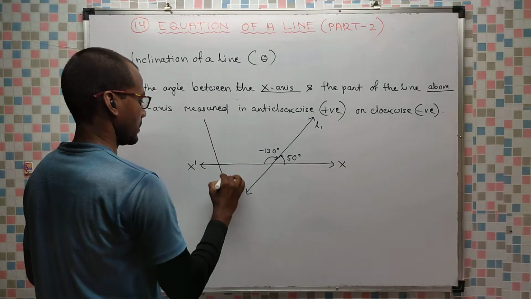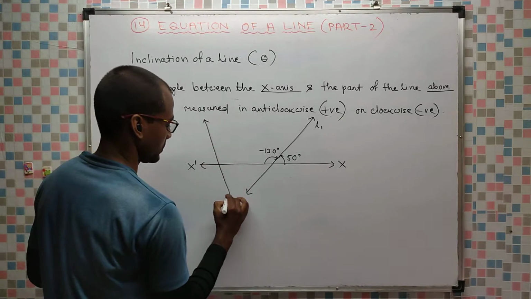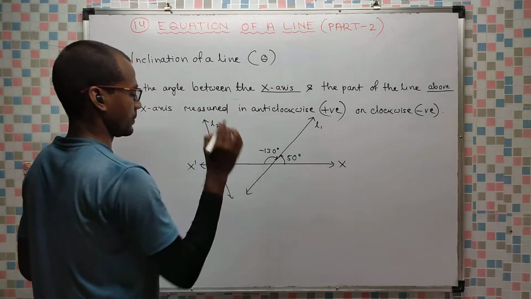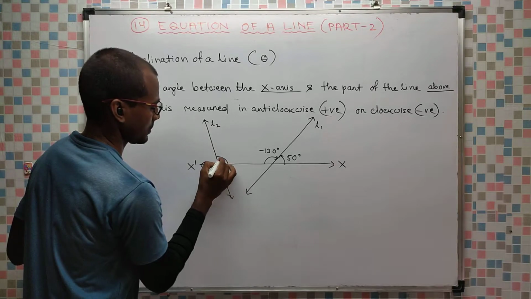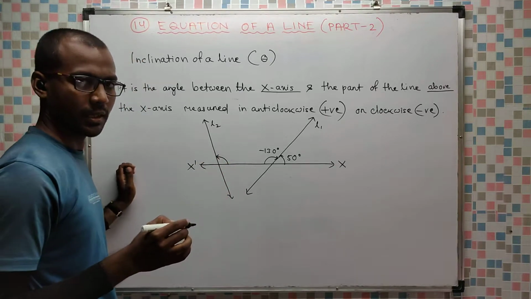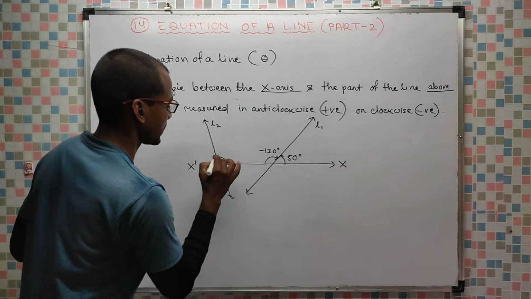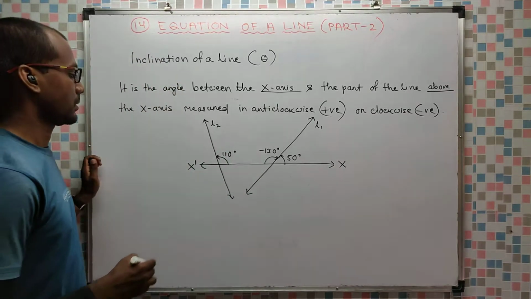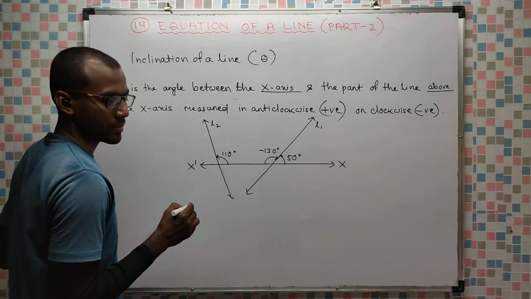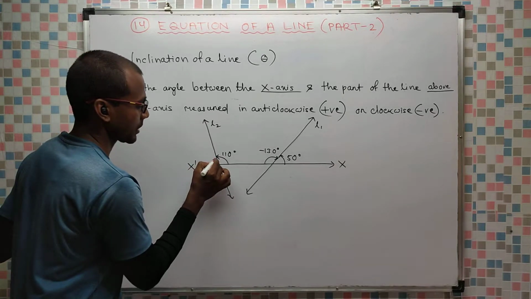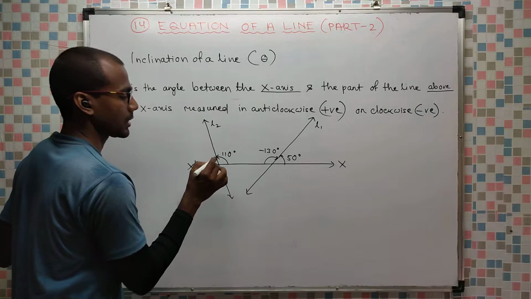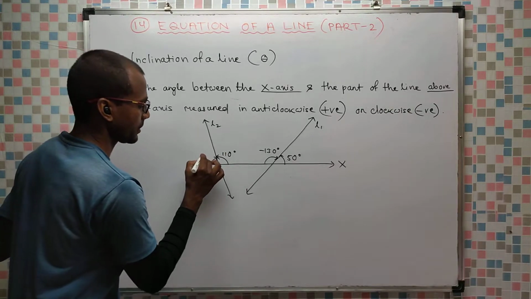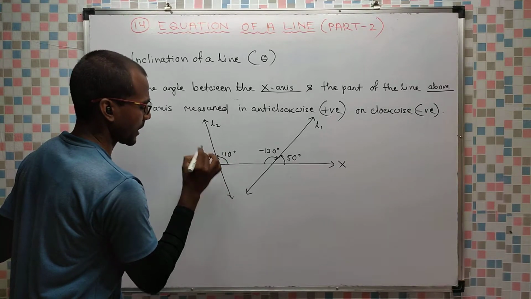Suppose you have another line L2. We are measuring the angle of inclination in anti-clockwise direction. Suppose this is 110 degree. The same angle of inclination can be measured in clockwise direction also, but it will be taken negative. If this is 110, this will be 70, but it will be minus 70.